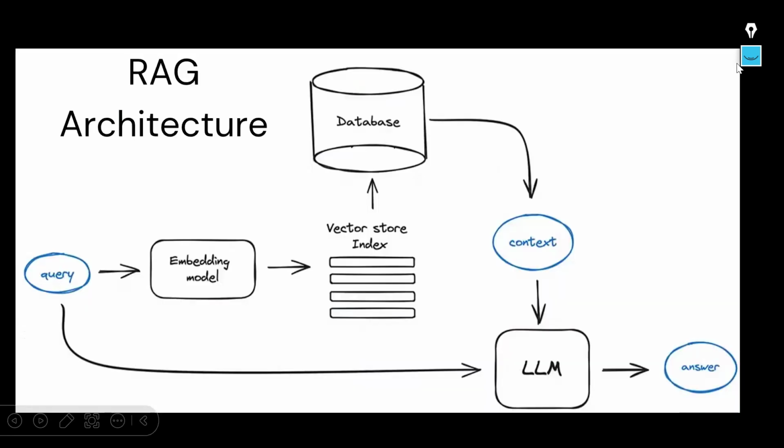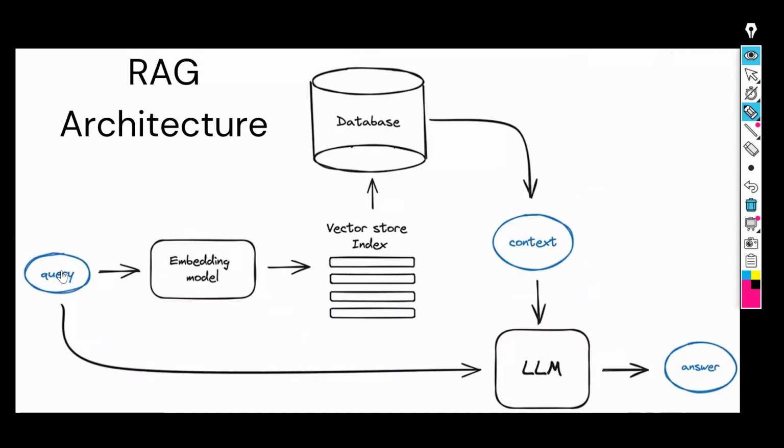So this is the high level overview of the architecture of RAG. How does it run? For example, you run a query like what is AI? Then we convert the text into numbers, and these numbers go into a vector store, so it's stored in our database.